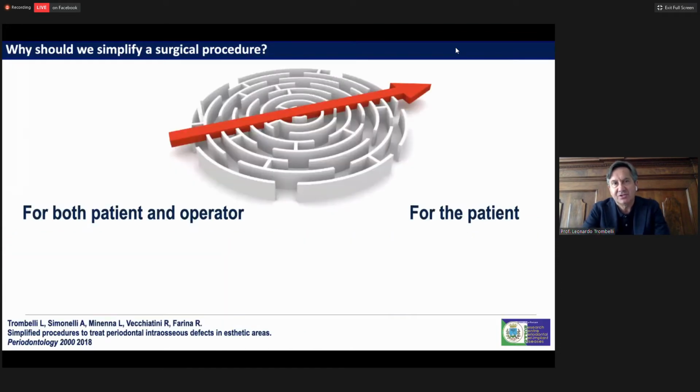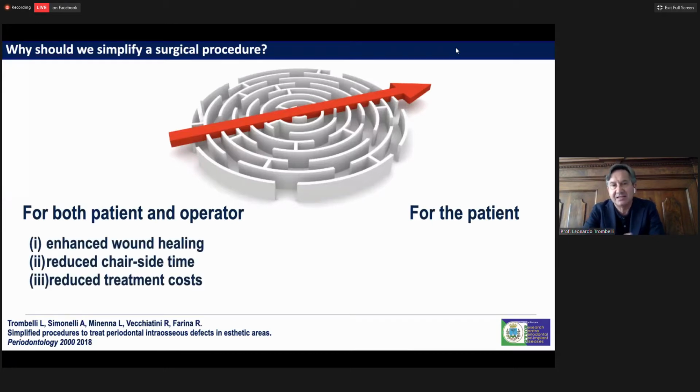Why simplified? Because we have tackled the issue in a paper that we published 2 years ago. Simplifying the procedure has advantages for both patient and operator, which may be synthesized by saying that we have enhanced conditions for wound healing.